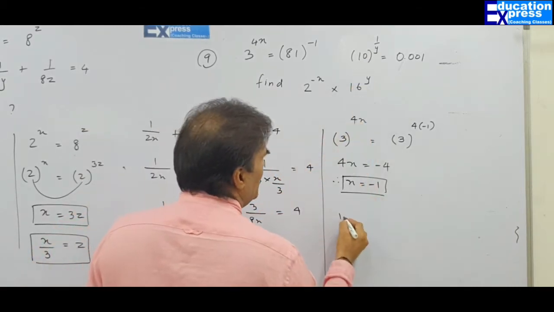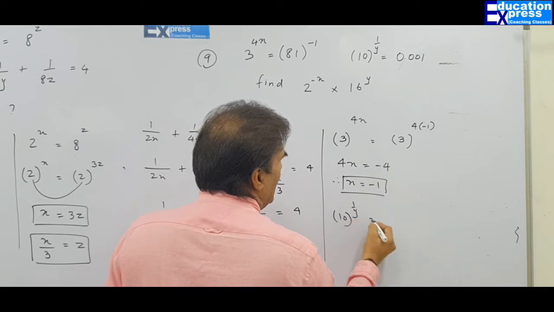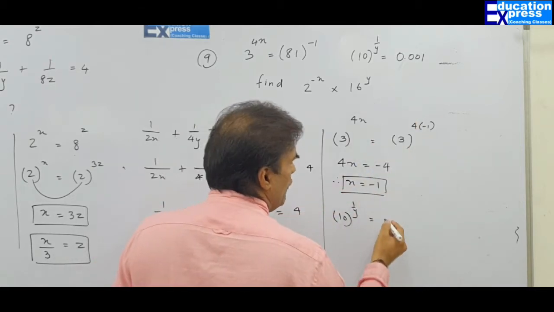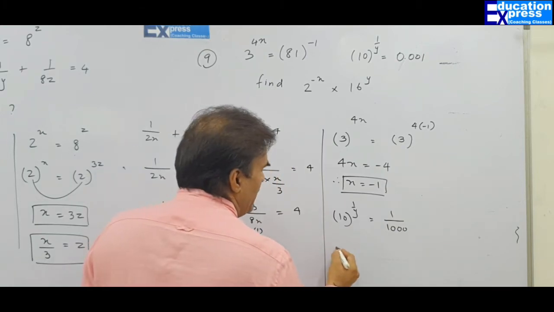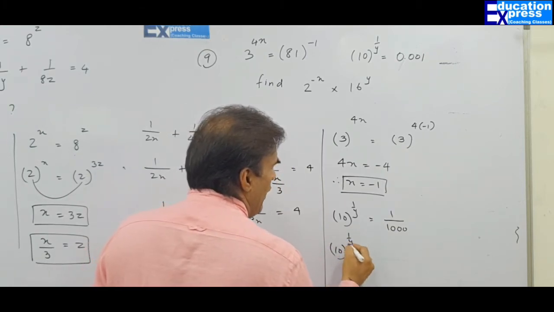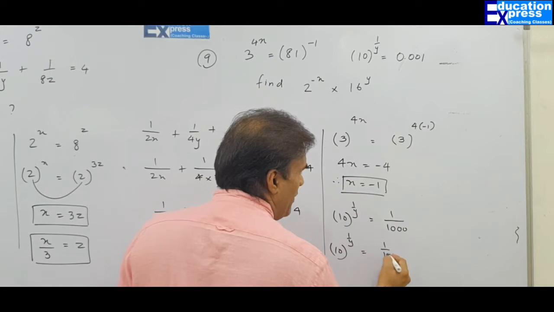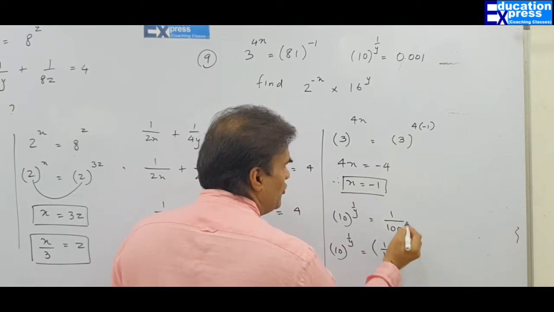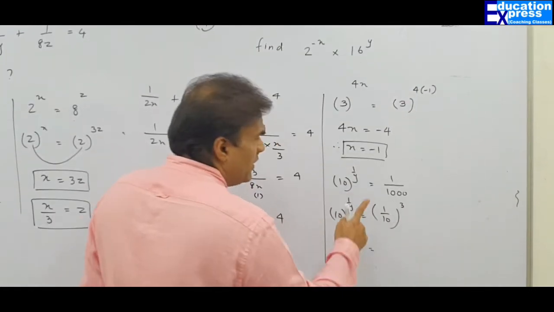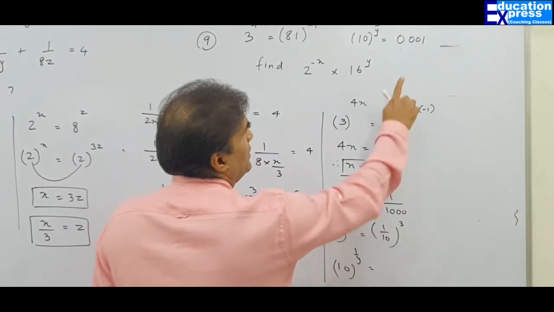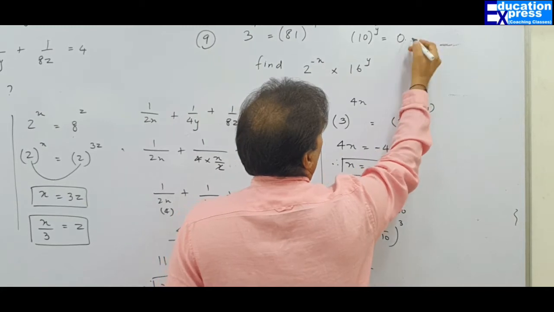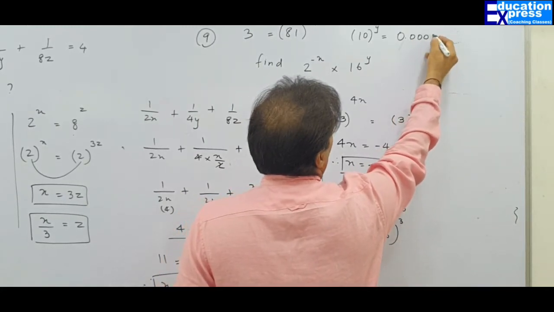10 raised to 1 upon y is equal to 0.001, which can be written as 1 upon 1000. As we know, 10 raised to 1 upon y can be written as 1 upon 10 raised to 3. Guys, if you check the question in the textbook, it is 0.0001.